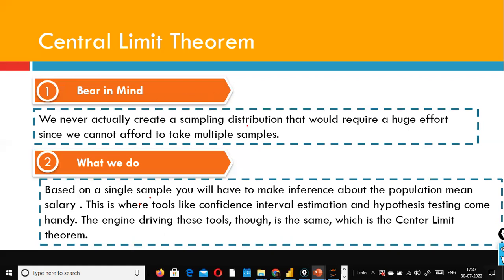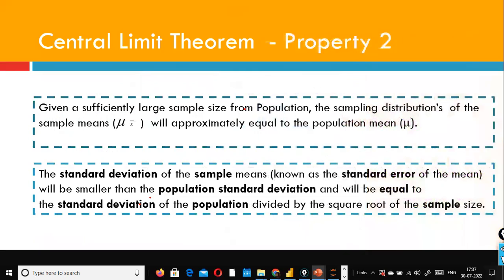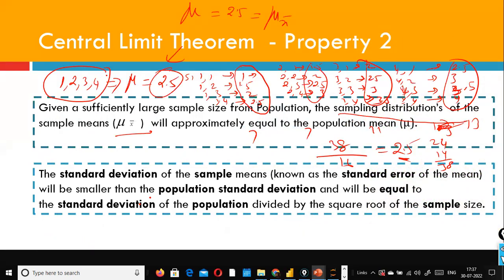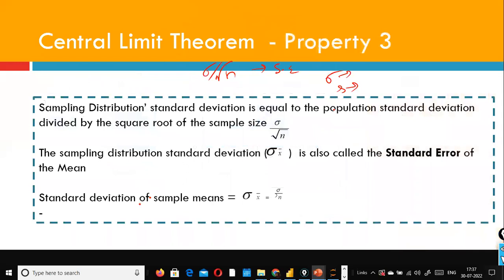We never actually create a sampling distribution, as that would require a huge effort. Look here, even in this case, we just took only 4 values, right? Even for these 4 values, to create a sampling distribution is a huge effort, right? 16 samples we were able to draw for the 4 values.